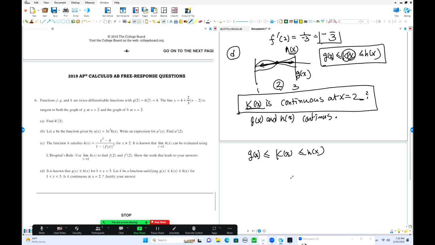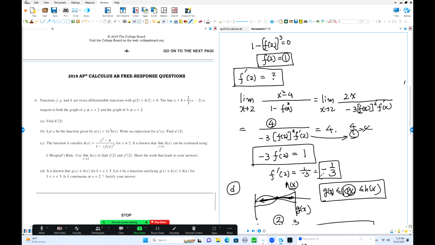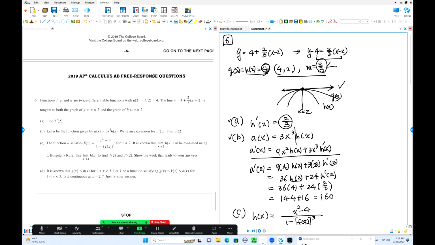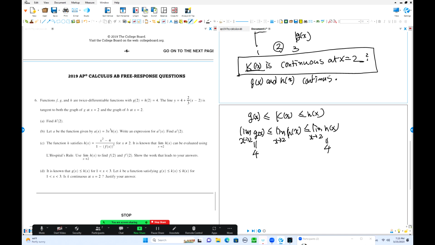When you take the limit as x approaches the point, the limit of g(x) and the limit of h(x) are both 4. That is the limit value. So between these two, the limit is also 4. Between these 2 points, 4 and 4, the limit is 4.